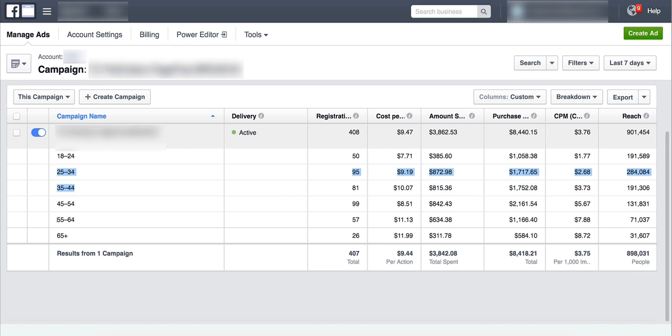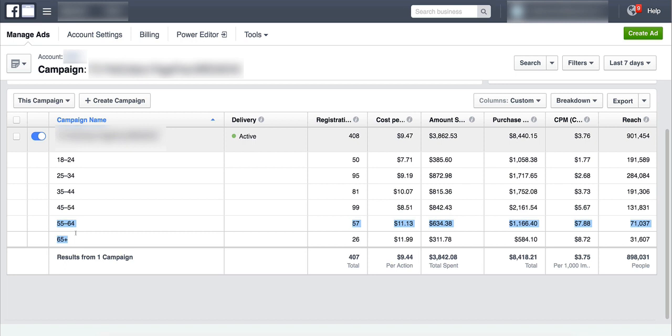And that trend did continue with the 55 to 65 plus. But those 45 to 54-year-olds, it's just a little golden nugget in between everything that you're able to cherry pick out and keep crushing.